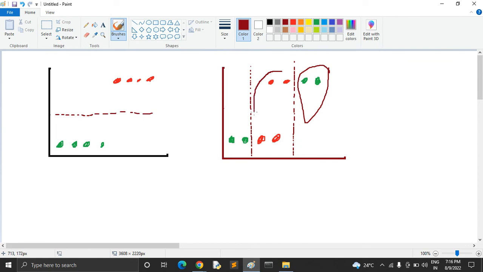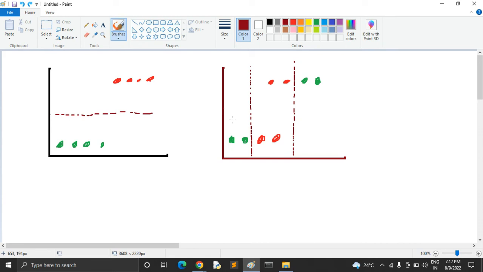In this particular region, there is no data point which belongs to some other category rather than red. Again, in this region there is no category other than green. So definitely we can trust these two hyperplanes, these two decision boundaries, these two features, to exactly help us identify that this data point belongs to class red and this point belongs to class green. So this is what decision tree does.